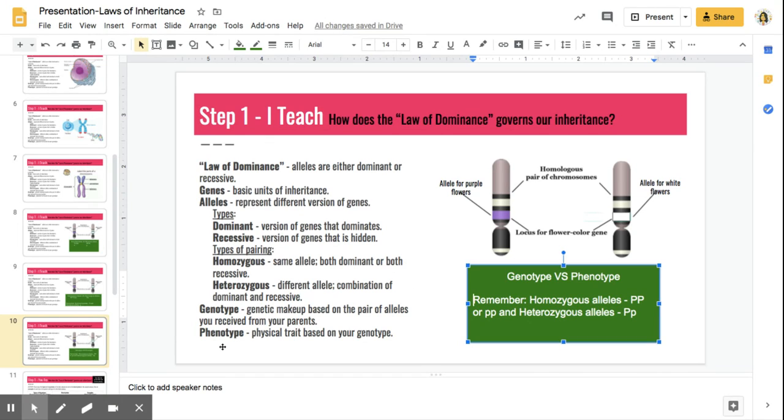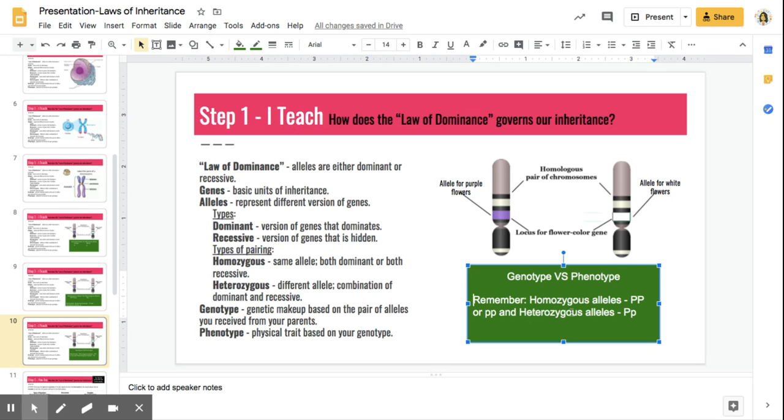Okay. Now, genotype and phenotype, how they differentiate from one another, actually, they are connected to one another. It's not similar to dominant versus recessive or homozygous versus heterozygous. This genotype and phenotype are different representations. Okay? So genotype is the genetic makeup based on the pair of alleles.